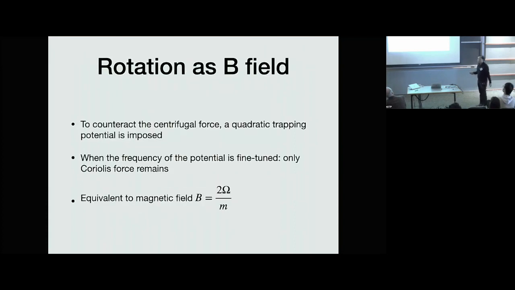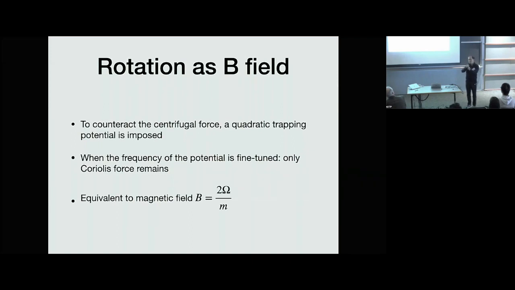Okay, so let's imagine the following situation. That's actually one of the nice things one can imagine doing in a cold atom experiment. Naturally, in a cold atom experiment, one usually puts a system in a harmonic potential, and the harmonic potential has the property that it will counteract the centrifugal force. If you go to the rotating frame, for example, then each of these atoms will be subjected to several forces.